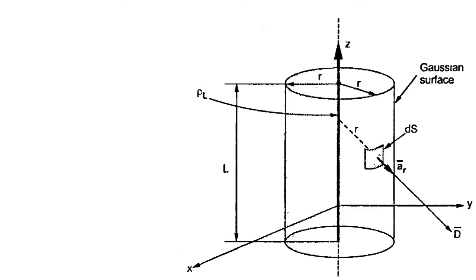This is an elaborate diagram; this is the diagram you have to draw for your examination. So see the x, y and z-axis. The cylinder is your Gaussian cylinder. The radius of the Gaussian cylinder is r. Along the z-axis, the line charge is rho L.